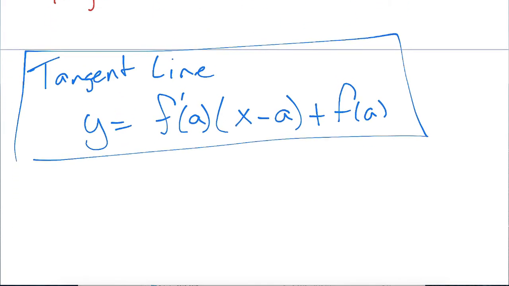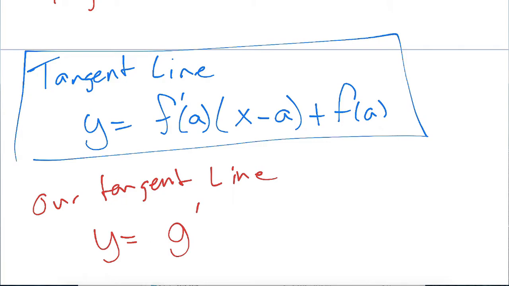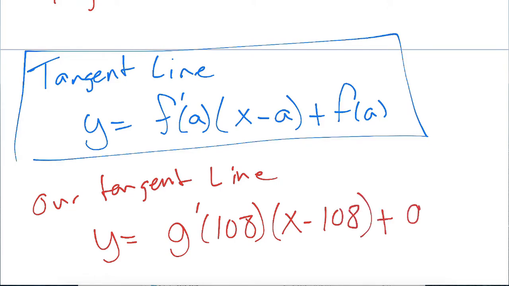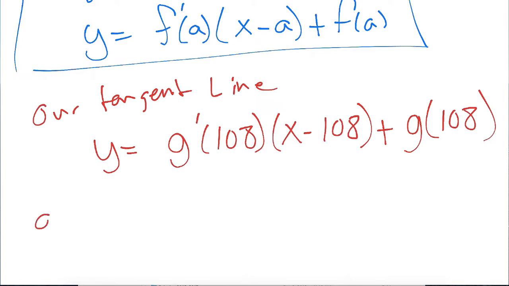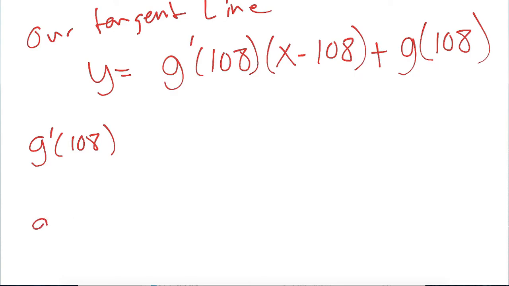For this particular problem, our tangent line is y equals g prime of 108 times x minus 108 plus g of 108, because that's what we're dealing with here. So here's the things we need. We need g prime of 108, and we also need g of 108.